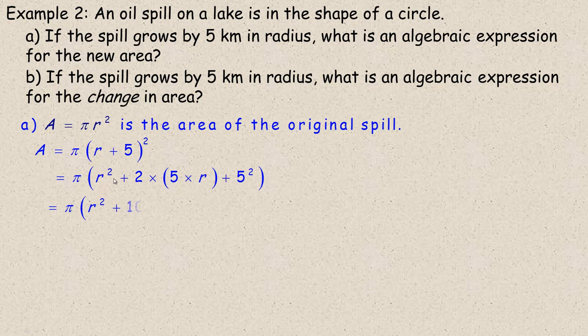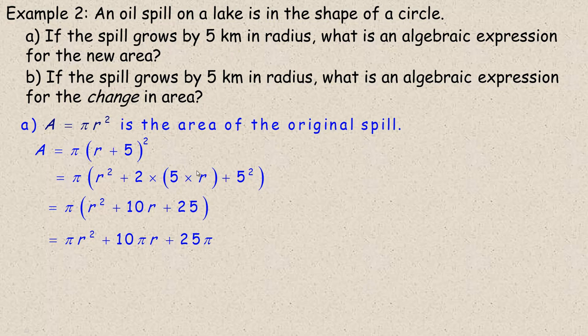So to go directly from here to here, r squared is r squared, 5r doubled is 10r, and 5 squared is 25. And then I distribute my pi in. Pi gets multiplied by each of these, so it would be pi r squared plus 10 pi r plus 25 pi. That would be a formula for what the new area would be if the radius increased by 5.